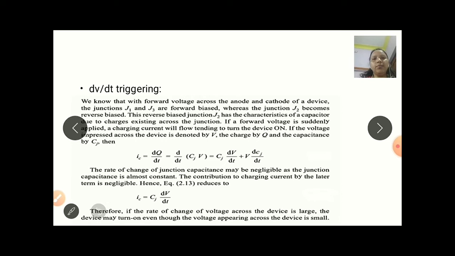If the voltage impressed across the device is denoted by V, the charge is Q and the capacitance is Cj, then Ic is the charging current.